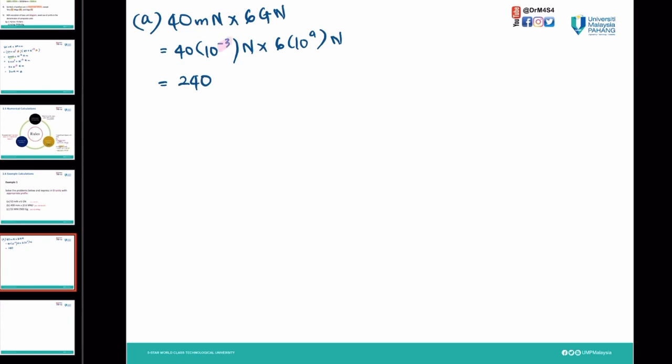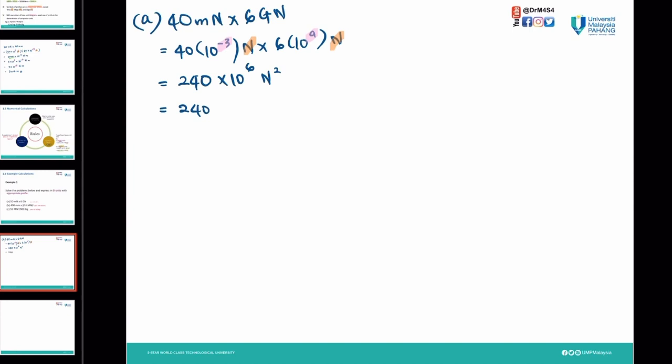Negative 3 plus positive 9, so we have 10 power of 6, Newton times Newton, Newton power of 2.